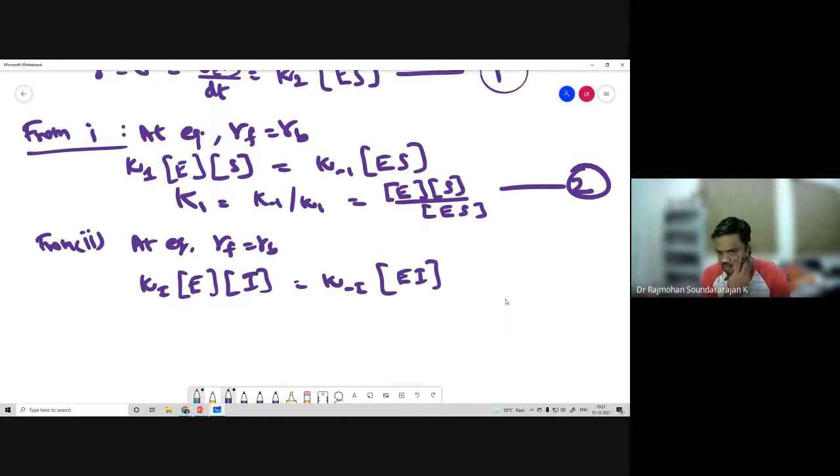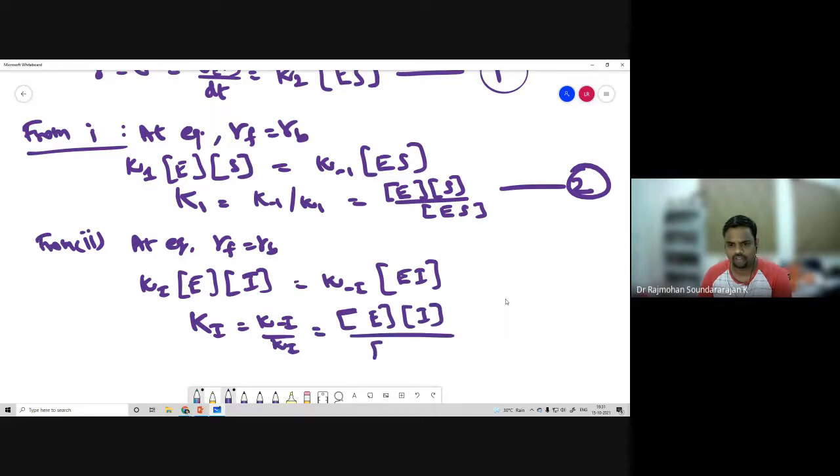That is, the concentration of E, the concentration of I, and the concentration of EI. So capital K_i equals K_-i by K_+i, which is equal to E into I by EI. Let it be equation number 3.